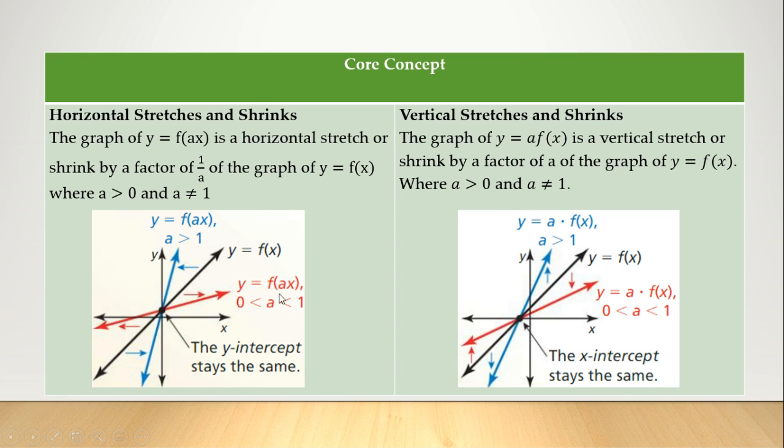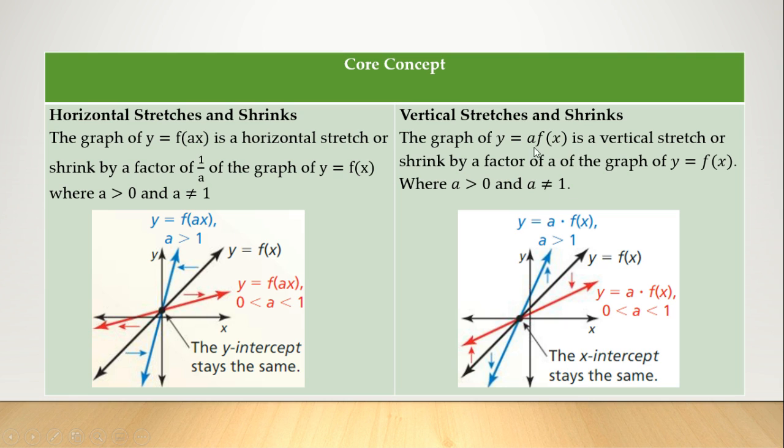If it's a number like that, it creates a horizontal stretch. Okay? And always by a factor of 1 over a. So if I was multiplying the input by 2, that would create a horizontal shrink by 1 over 2. Or in other words, by a half. Everything is shrinking horizontally by a half.